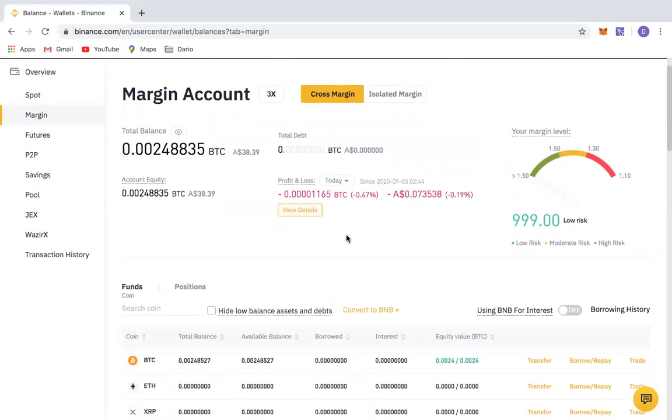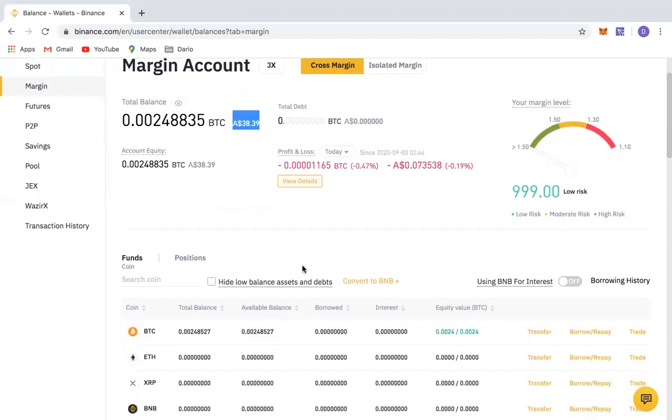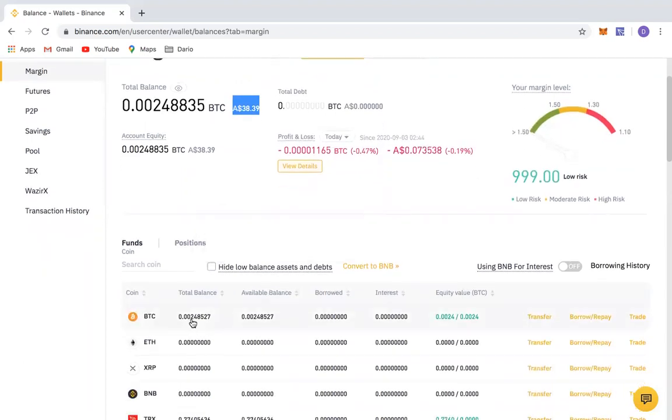And if you do have a bit of experience, the beautiful thing about this is, if you don't have much capital, you can leverage this platform to increase your capital in many different ways. So, you know, I've deposited $40 here, $38 Australian, which is 0.00224 in Bitcoin.